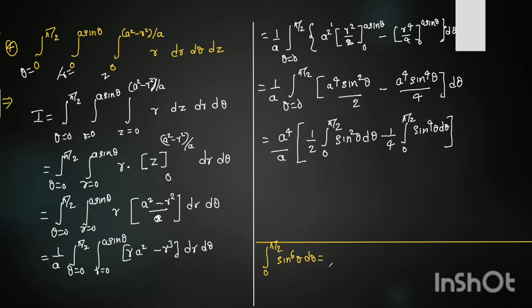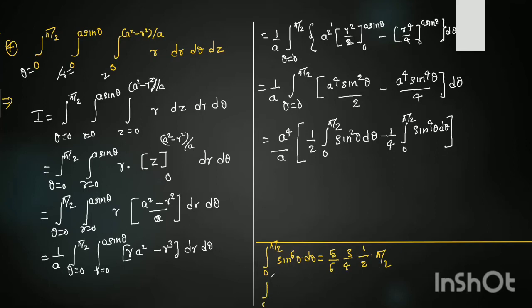Limits are there. I hope you have studied this. The answer we can write directly without using the formula: 6, 5, 4, 3, 2, 1, pi by 2. If you have studied it in the last semester, it's very simple. You have to write 6, 5, 4, 3, 2, 1, pi by 2, because it is an even number, we have to multiply by pi by 2.